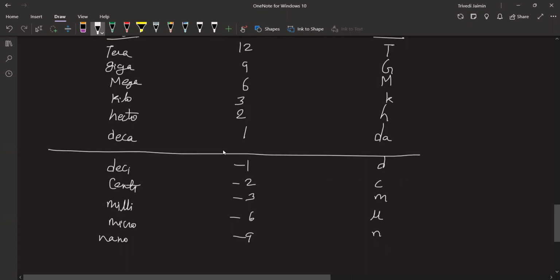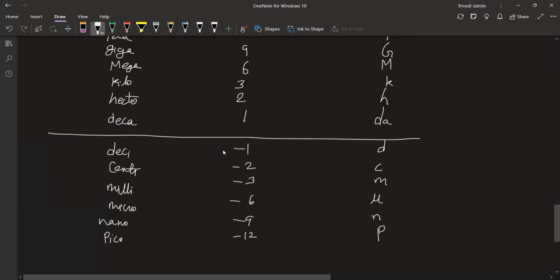After that, it's not required, but still, let's write one more. Minus 12, anybody know this? Is it pico? Denoted by p. Actually, in one exam, they asked femto also, which is minus 15. That was rarely asked.